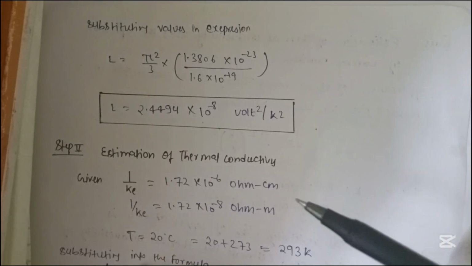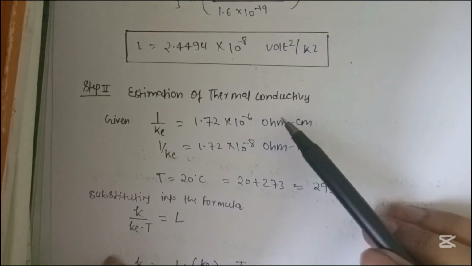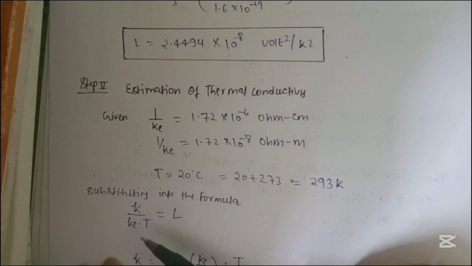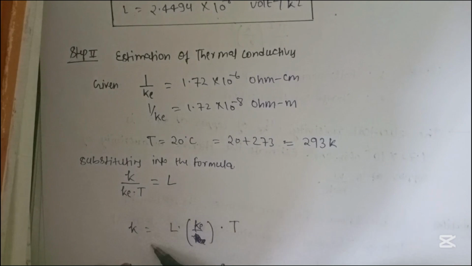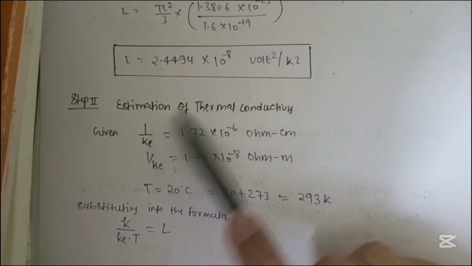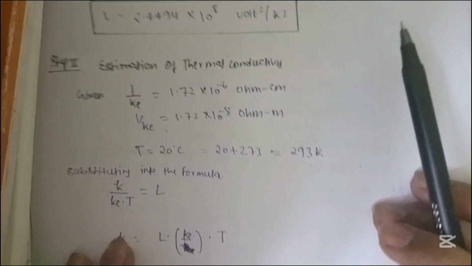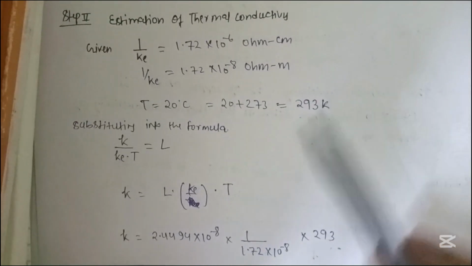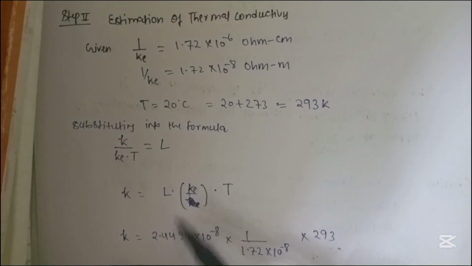Now we will put all the details into the formula. K upon Ke into T equals Lorentz number. So K is Lorentz number into Ke into T. Now we should remember that we have not been given the value of Ke. We have been given the value of 1 upon Ke. So while substituting we need to take care of that. Now we will substitute all the variables into this equation.